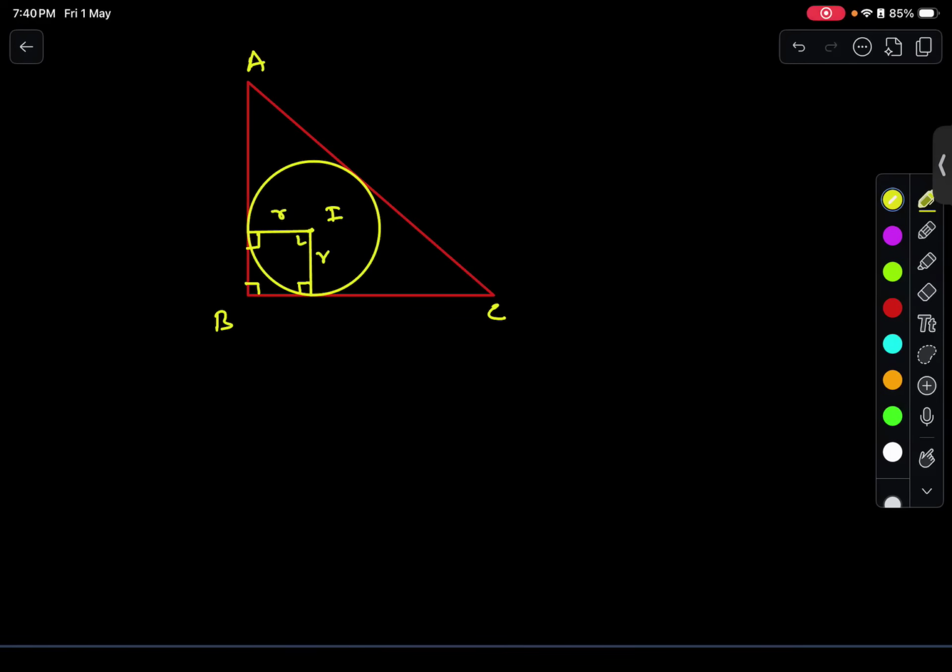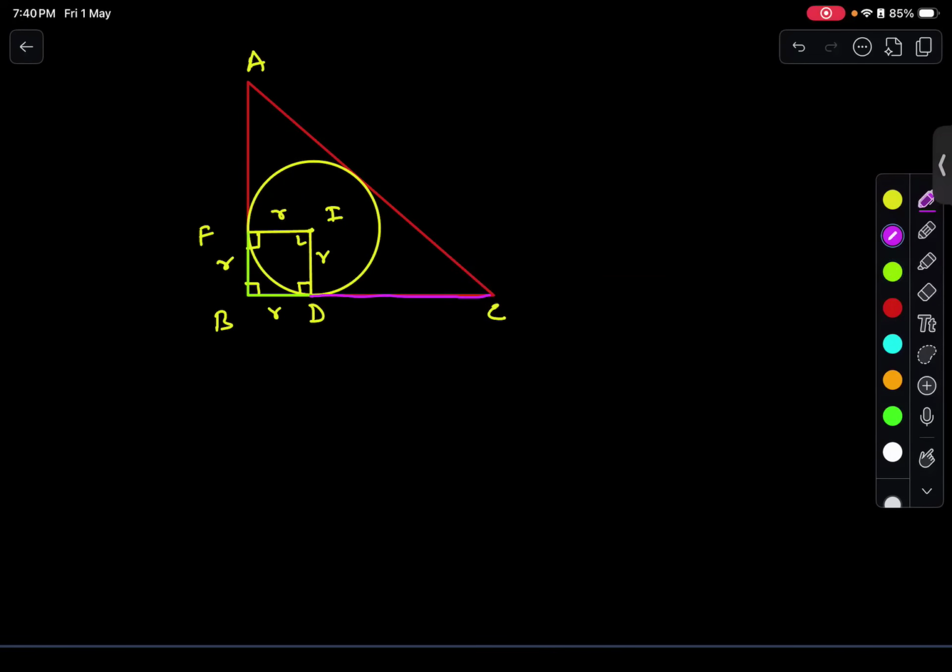So this must be a square. And if this is a square, then BD and BF are both equal to the radius of the circle. So this length will come as the inradius every time. And from any external point, the tangent lengths are equal.